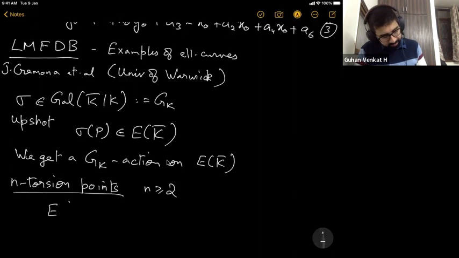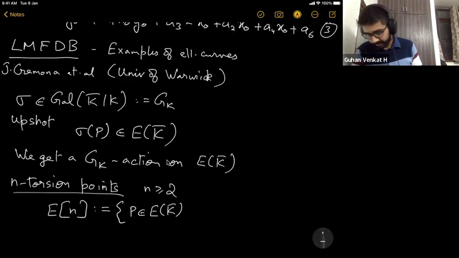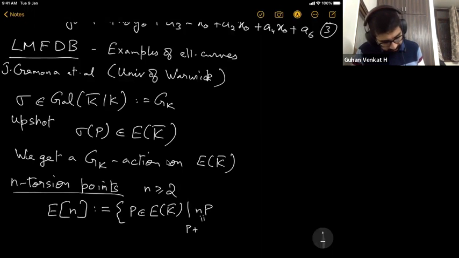Then I can define the subgroup E[n] to be the set of K bar rational points P on E such that nP, using the group law on E of K bar, adding the point n times, is the point at infinity.